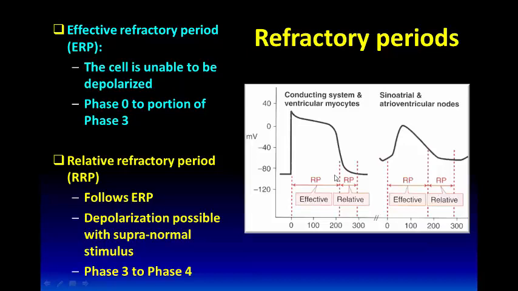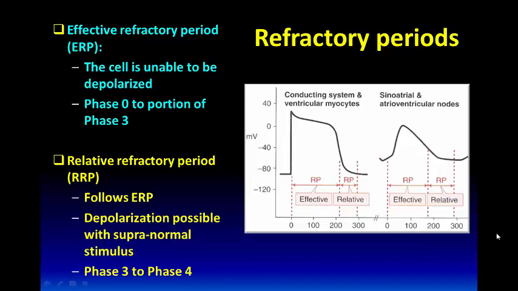Because the cell is in the effective refractory period. This effective refractory period extends from the beginning of phase 0 till approximately mid-phase 3. And the cell is absolutely refractory to another stimulus because the cell is already engaged with the previous stimulus and cannot respond to another stimulus.